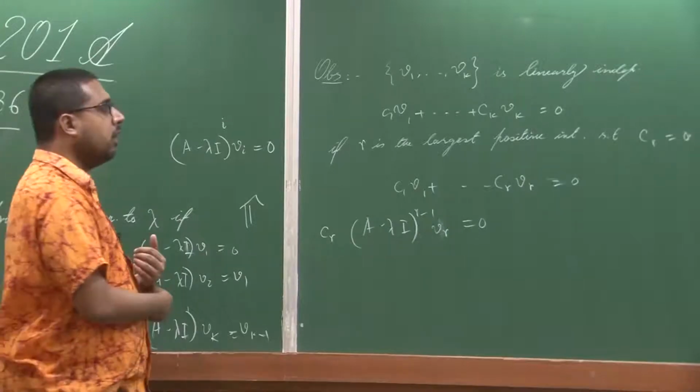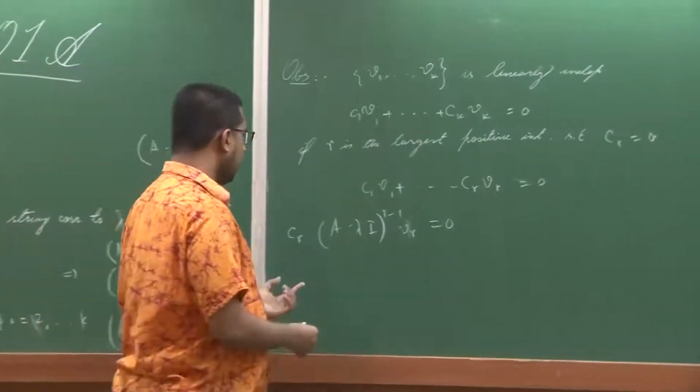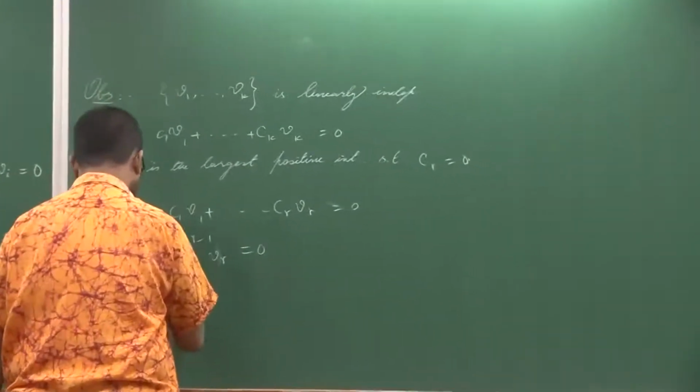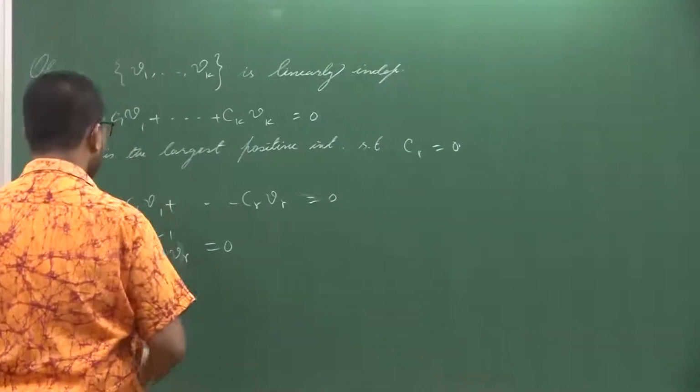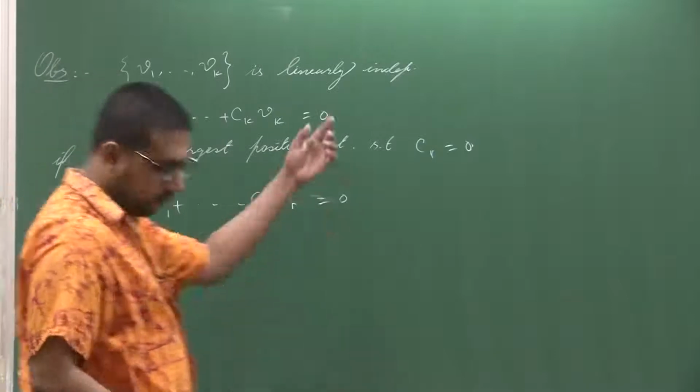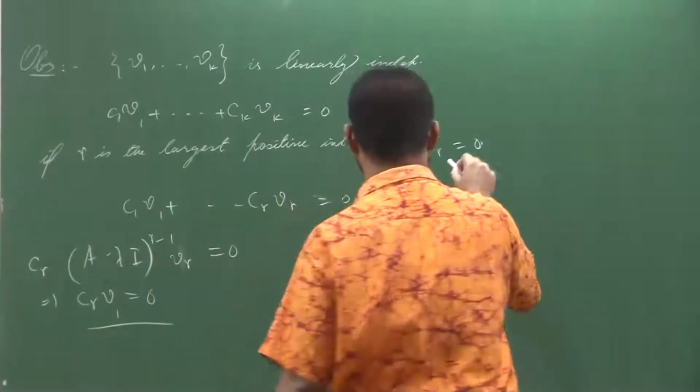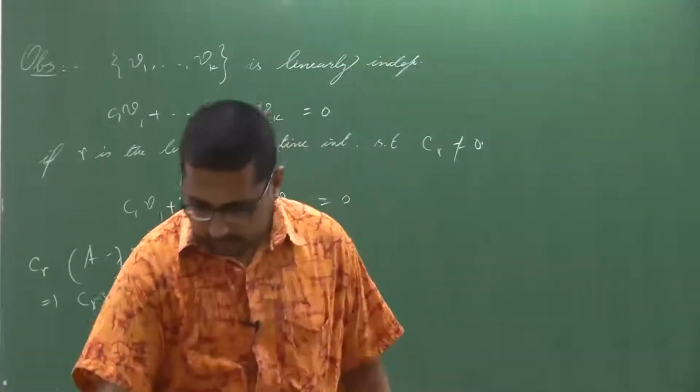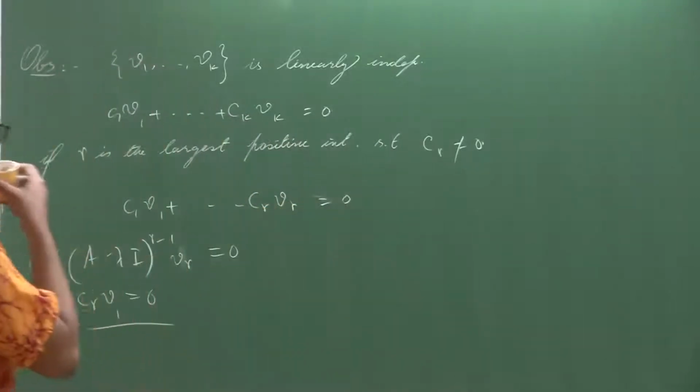So this becomes c_r times v1, which is 0. All the vectors are assumed to be non-zero, which forces c_r to be 0, which is a contradiction, since c_r is non-zero.